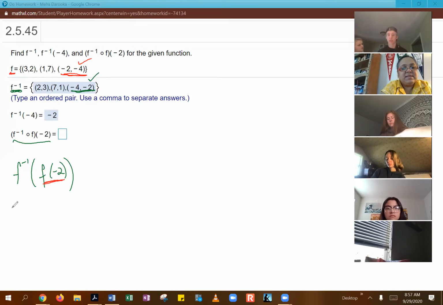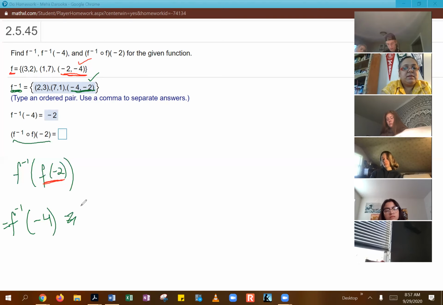So that means you will have f inverse on the outside and then replacing the f of -2 with -4, and then what will that end up giving us? So f inverse of -4 was what? -2.